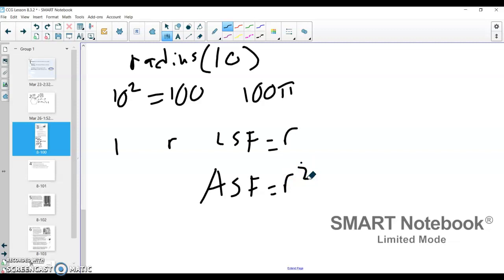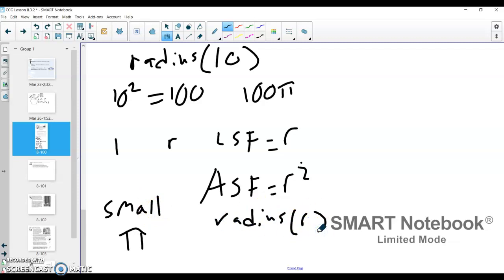And so if you have a radius 1, your area was pi, and that was the small circle. And then if you have radius r, your new area would be pi times r squared, which is actually how they come up with the formula for the area of a circle.